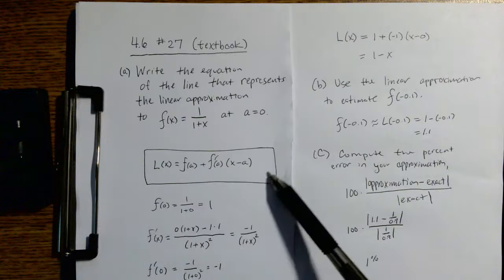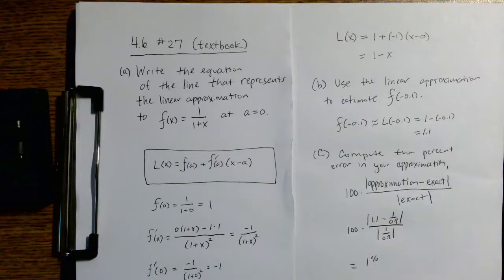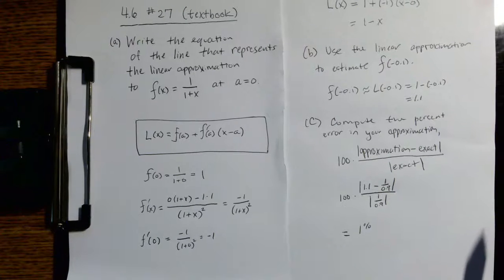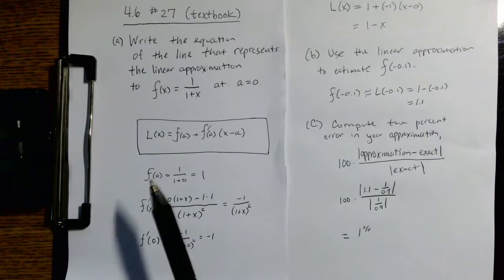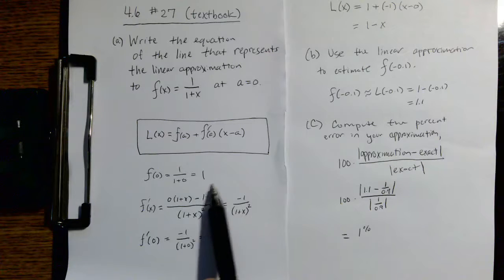So I wrote out this formula for the linear approximation. Again, this is perfectly consistent with what we already have seen and discussed as the tangent line to f at that point. So keep that in mind. Just like we would if we were looking for the equation of a tangent line, we're going to evaluate the function at that point.